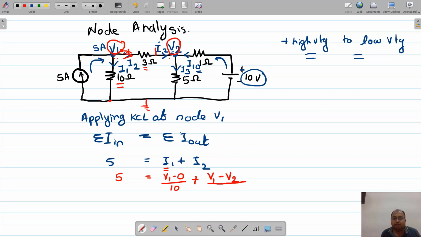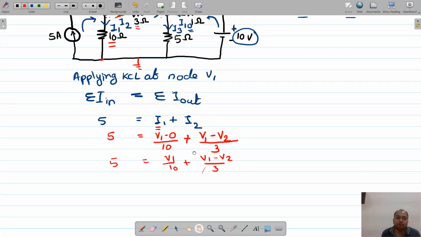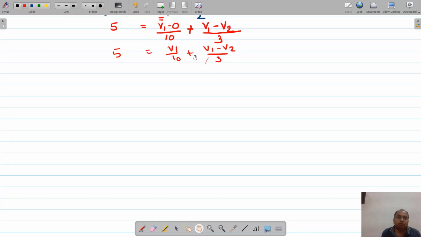Okay, fine, and divided by how much? Divided by 3. Now simplify this equation. So 5 is equal to V1 by 10 plus (V1 minus V2) divided by 3. We have simply neglected 0, right? Now make the denominator common.